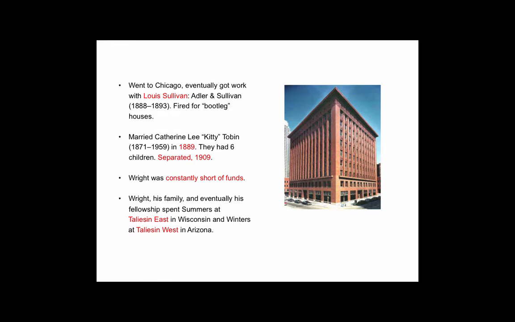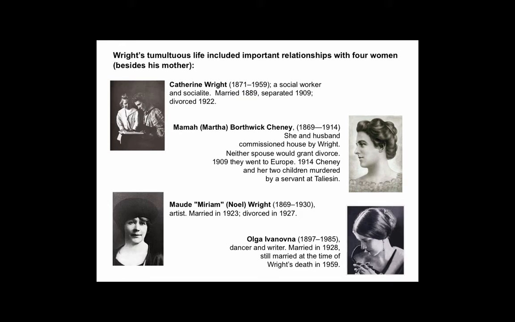He married Catherine, 1889, is separated 20 years later, and had 6 kids. Wright was constantly short on money, and Wright lived in 3 houses, as we'll see. One in Oak Park, and then Taliesin East and Taliesin West, which we'll look at.